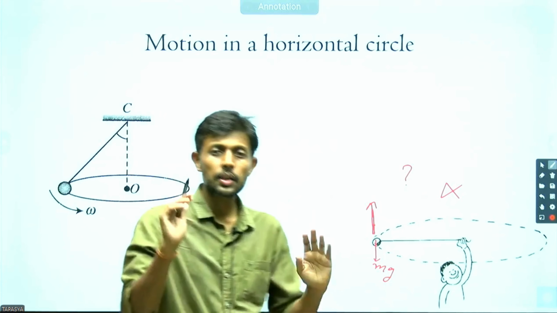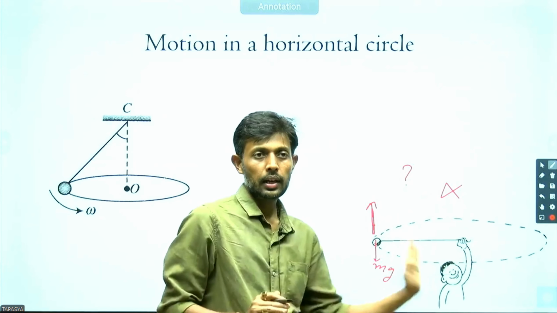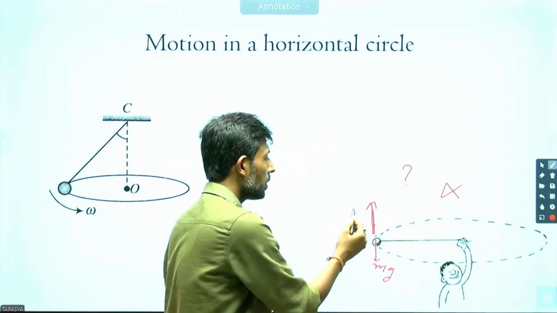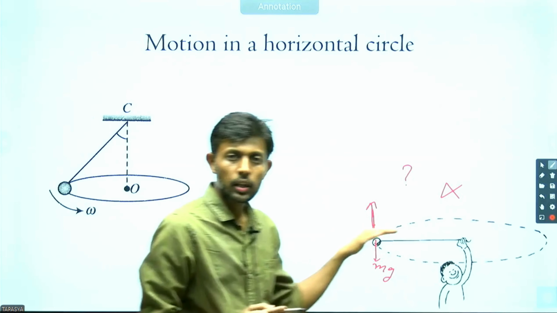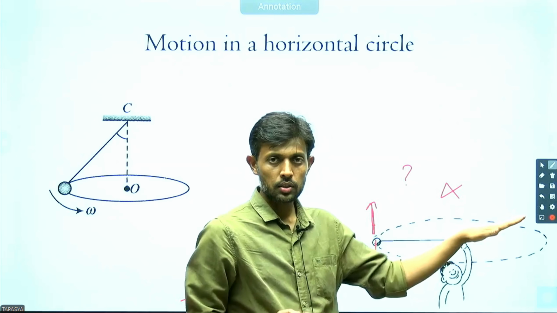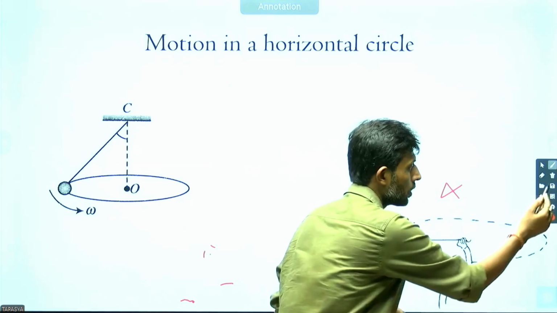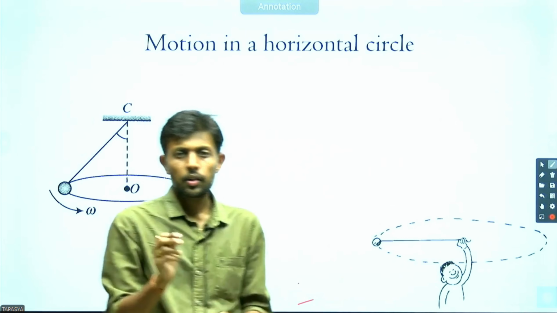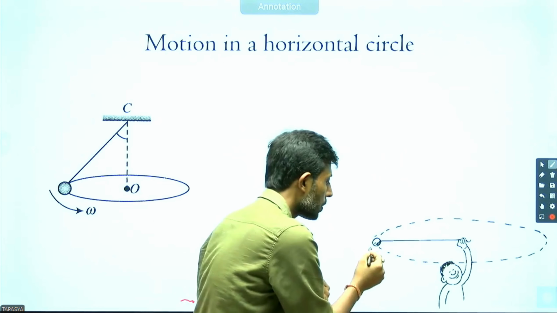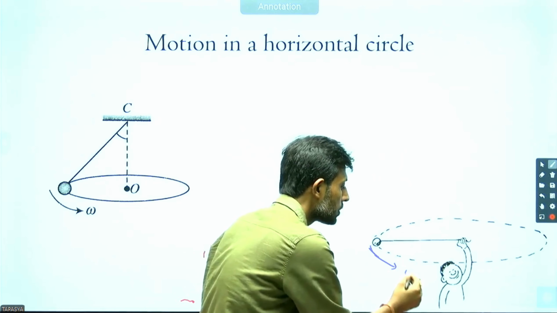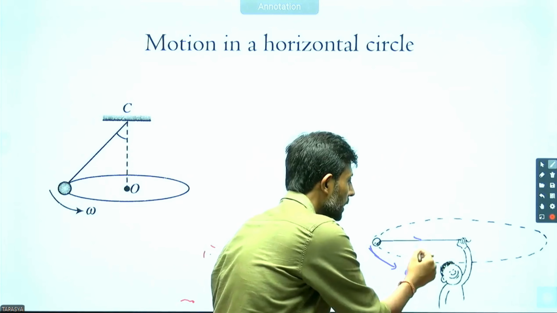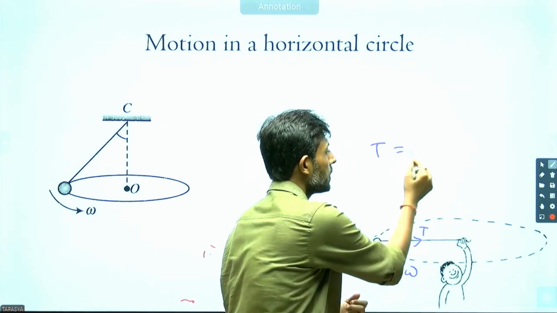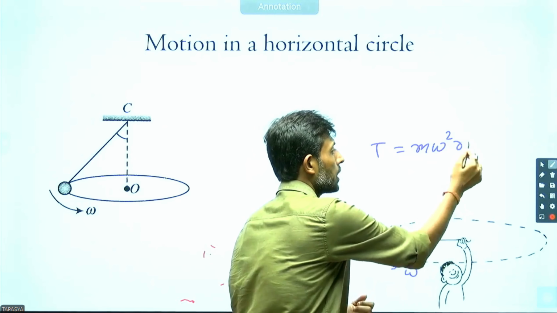We say that suppose there is a motion happening like this, then we do not care about the vertical balancing of forces. We only focus on the horizontal forces. Since this bob is going around in circles, let's say with an angular velocity omega, there must be a tension which is providing it the necessary centripetal force, which is m omega square r.